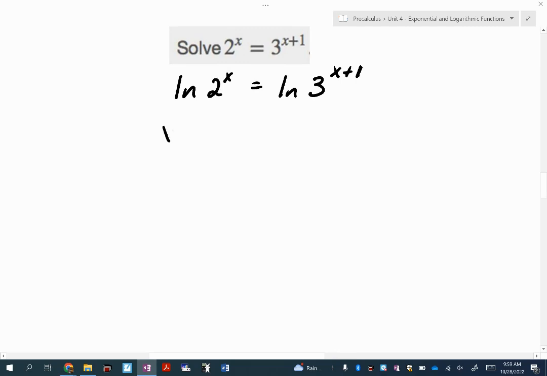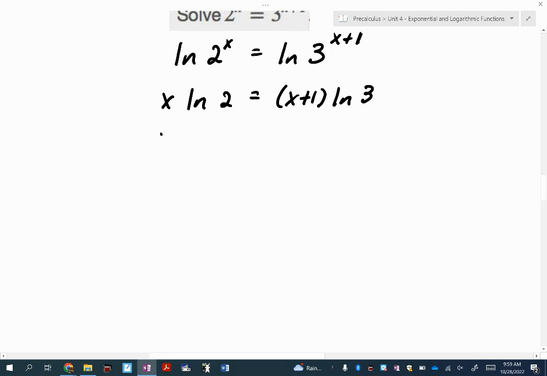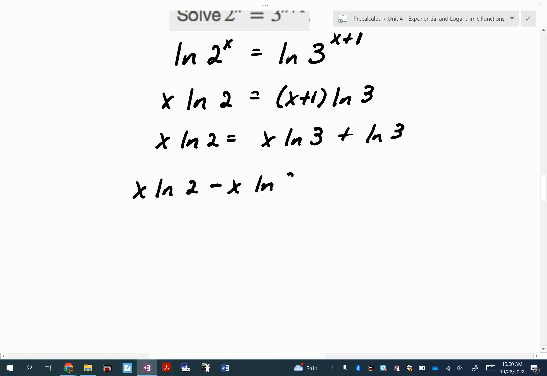Same property applies. Move the variables, in this case x plus 1, to the front. All right. I'm going to distribute the one on the right to be x times the natural log of 3 plus the natural log of 3. Remember to get everything that has the variable x to one side and everything that doesn't to the other.